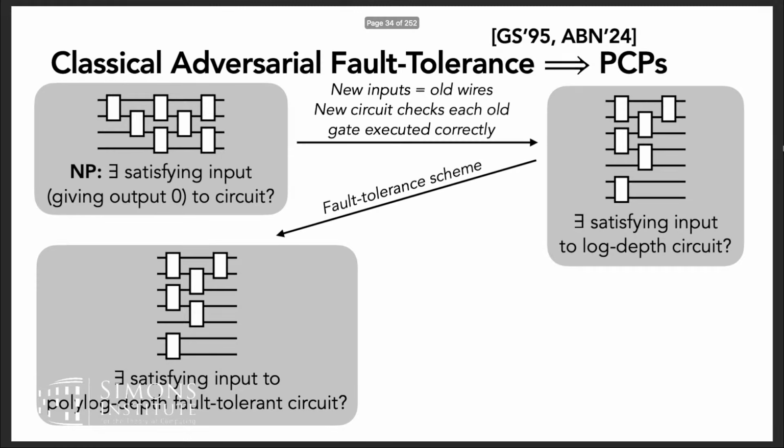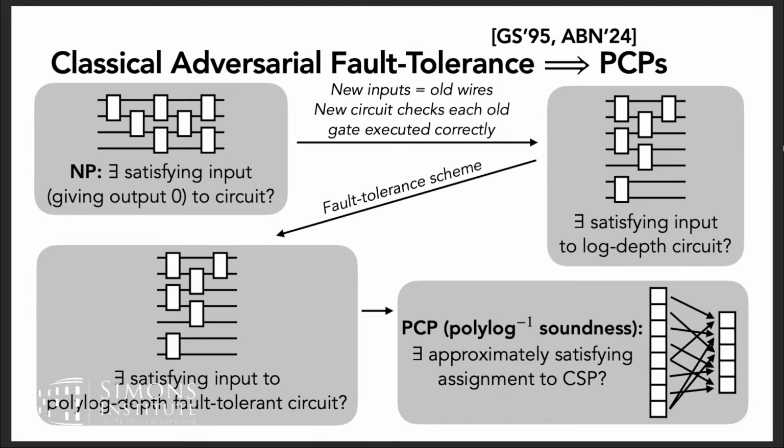And because the circuit is fault tolerant, we have the same question: does there exist a satisfying assignment to this polylog depth circuit? If so, then we know there's a satisfying assignment to the original circuit. But the key point is this circuit is fault tolerant, so now we're allowed to run the circuit noisily. We now just want to know whether there exists an approximately satisfying assignment to this circuit when we run it noisily.